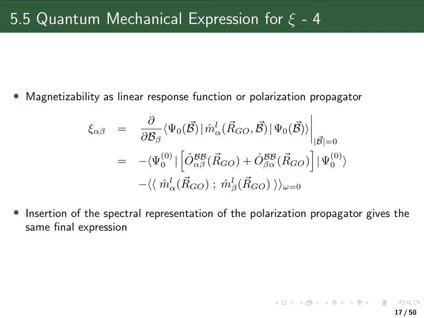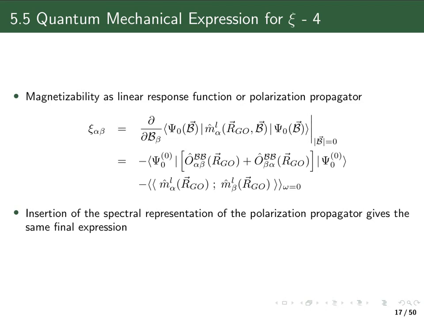So doing that, we get the expectation value back, because we still have the field-dependent magnetic dipole moment operator here, but then we also get a linear response function with two orbital magnetic dipole moment operators.